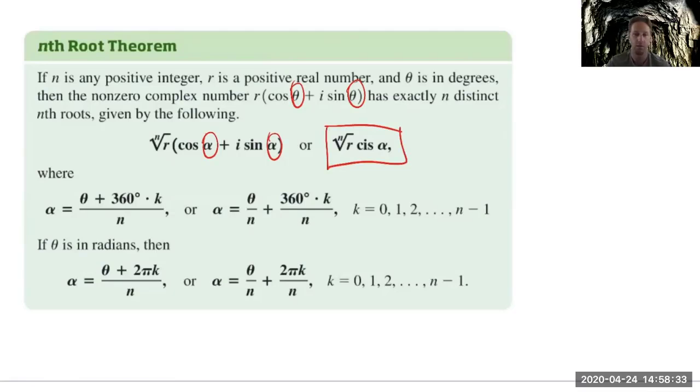And then that alpha, remember, we're going to take that original reference angle and we're going to add 360 to it as many times as we have to, while also remembering to divide both our original theta reference angle and that 360 that we're going to add to get coterminal angles by that n. Okay, so again, hopefully that does look very familiar to you.